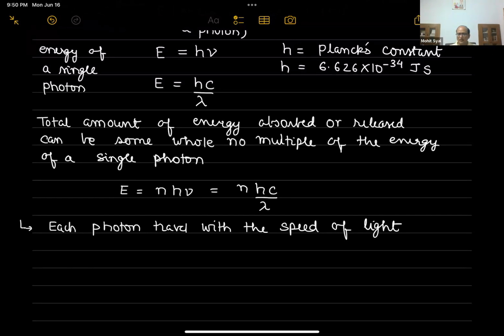Because photons are particles of light, we expect them to travel with the speed of light, and that is c. That c is 3 into 10 to the power 8 meter per second. Is that clear or not?